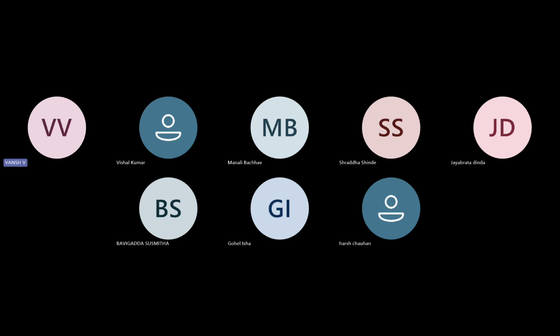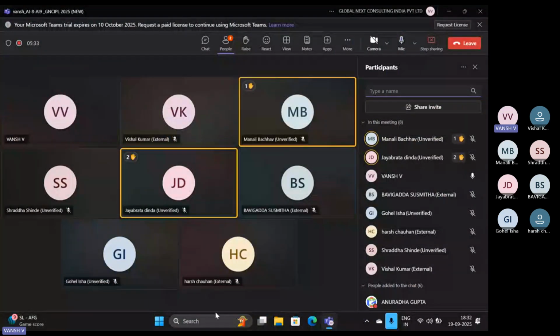There it is. Okay, so first of all, we are going to see what is MongoDB, how it is different from SQL database. So first of all, MongoDB is actually a NoSQL database.